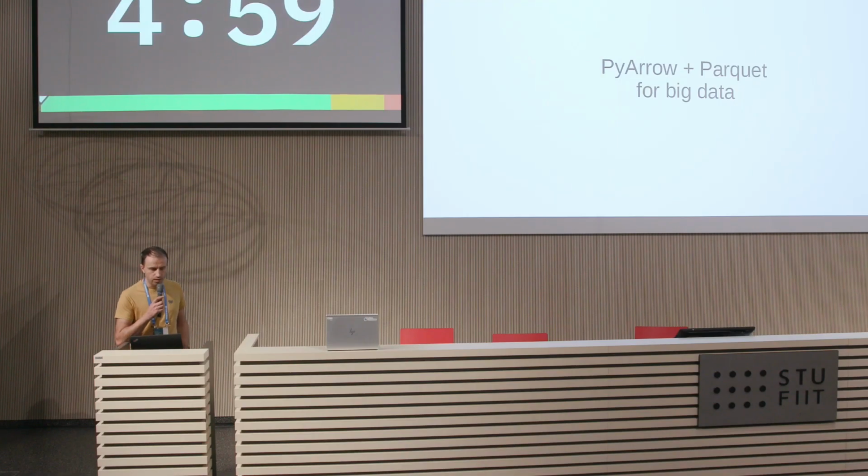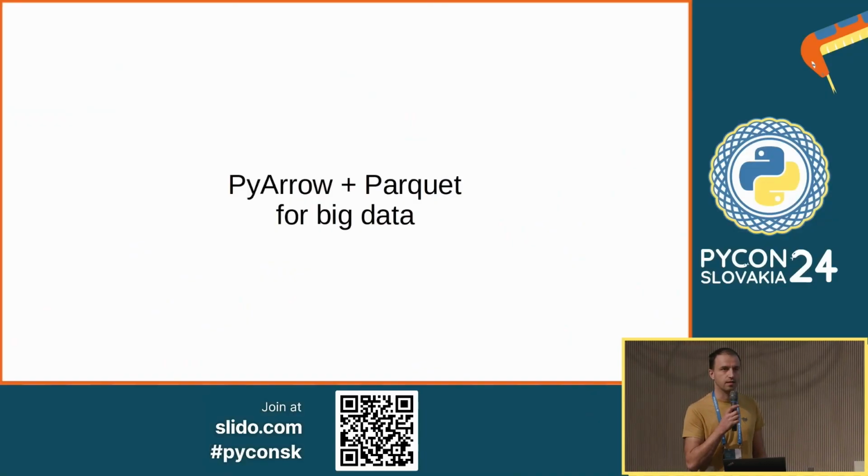Arrow and Parquet format for big data. Big data is, for me, everything that is more than 100 gigabytes, terabytes. For example, in our company, we work with tables of 1 to 2 terabytes, with storage of about 5 petabytes, when using this data for machine learning.